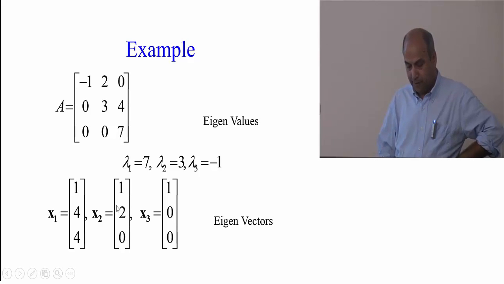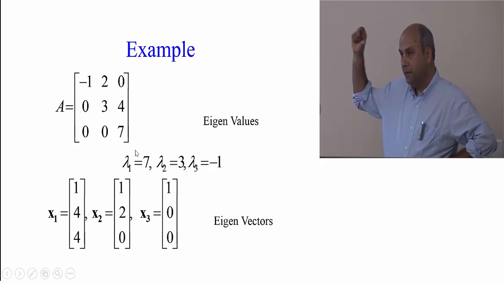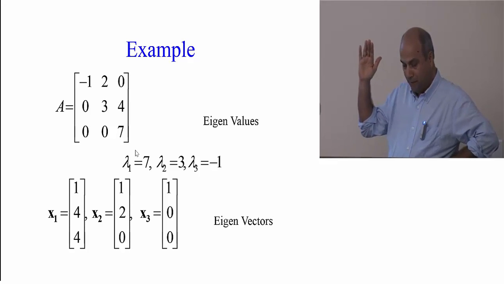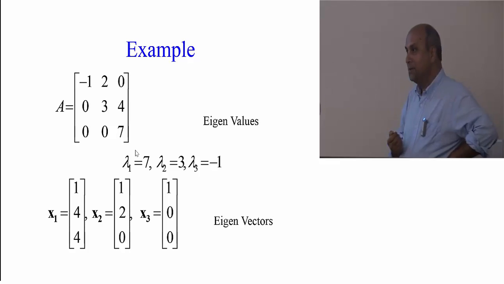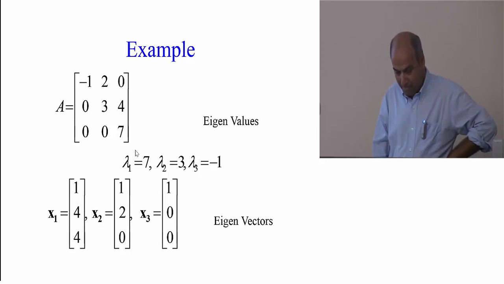Remember, 7, 28. This one, 0, 0, and 28. So what do I have? First element was 7, 28, 28. And what was the eigenvalue? 7. Take out 7. So I have 1, 4, 4. Amazing, huh? It's magic. You can do that, and you can verify for other ones.